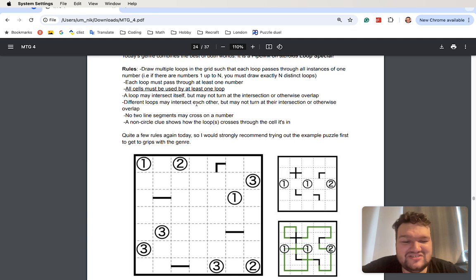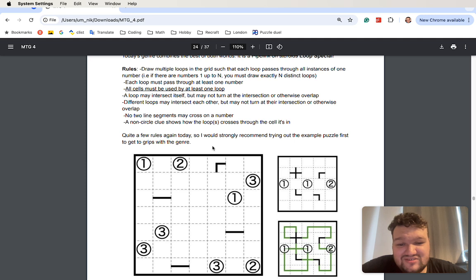If we have an intersection, then both must go straight through it. No two line segments may cross on a number. A non-circle clue, you mean like those parts of path, shows how the loop or loops cross through the cell it's in.